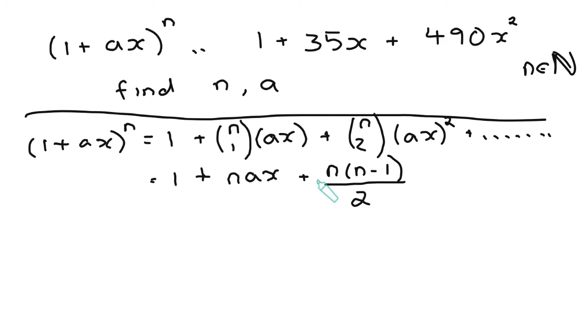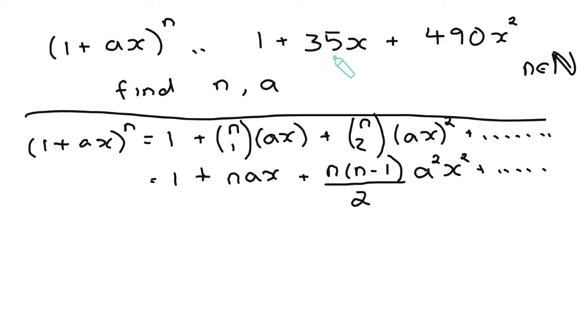However you want to think of this, if you want to think of it as n factorial over (n minus r) factorial times r factorial, that's fine. So put whatever fits for you here. And we're going to expand this out. So we've got a squared x squared. And then I'm going to be careful and keep doing this, because otherwise I've made an incorrect statement. If I stopped there, the statement I've made is incorrect. I need to show that that's actually carrying on.